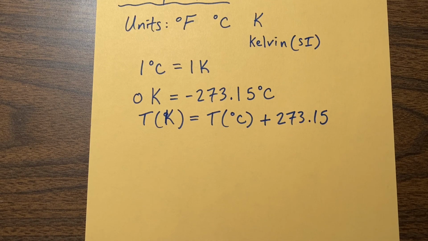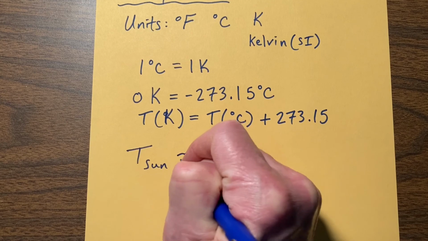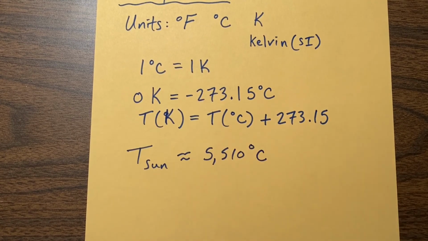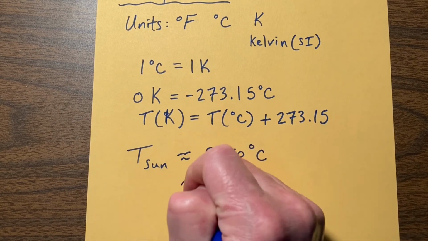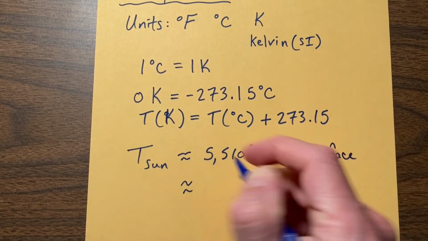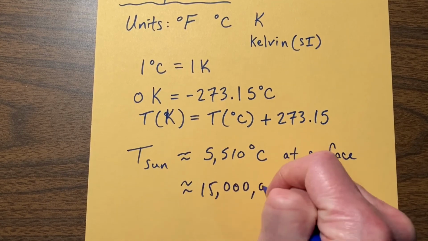The temperature of the sun is extremely high. It's about 5,510 degrees Celsius at the surface, and in the core it's about 15 million degrees Celsius.